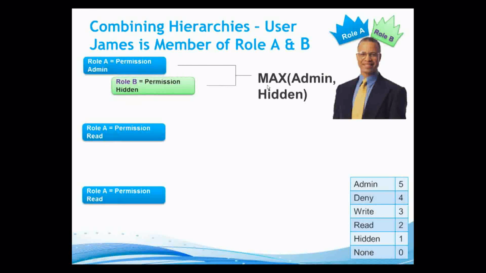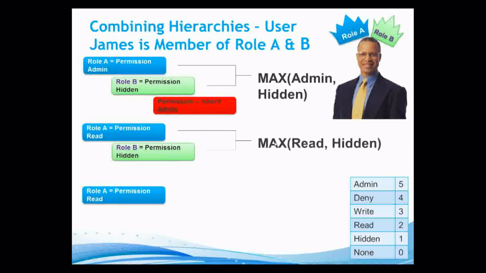Now, if I look at the combination, it says max of admin and hidden, meaning that I'm taking admin and hidden, and I'm doing max weight of both permissions, and this will be admin.